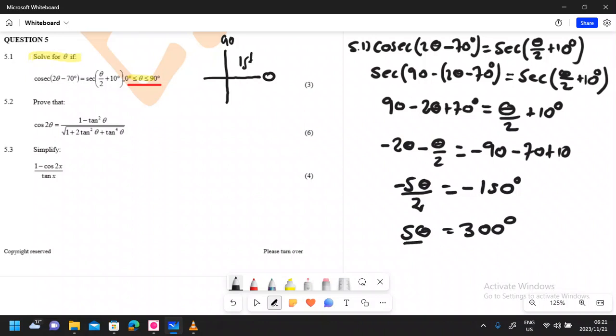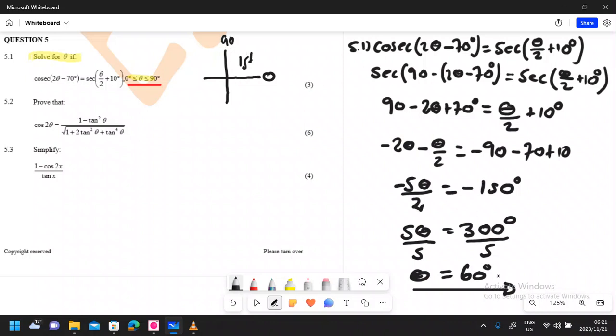So we divided by 5 here, divide by 5 there, and then theta is gonna give us 60 degrees. So this is your answer. Let me just go back here. Remember, the angle must be greater than or equal to 0 or less than 90.